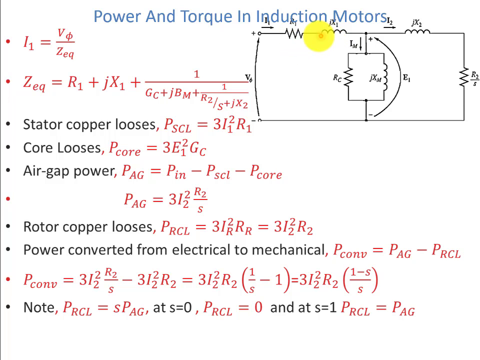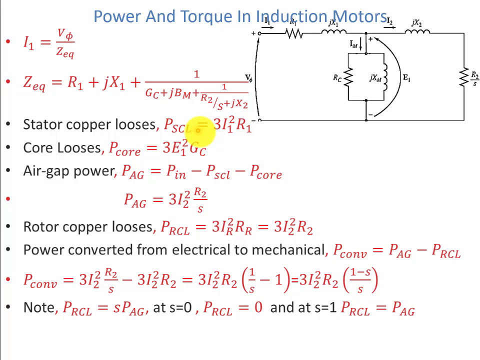These are in series with it, and then this portion. Here we can see that these two parameters, R2 by S plus jX2, are in series and they by themselves are in parallel, so we just use them as G_C and jB_M. They are reciprocal quantities, and then we have added them, and then you can solve it completely. I think it's quite easy. This is a basic circuit example.